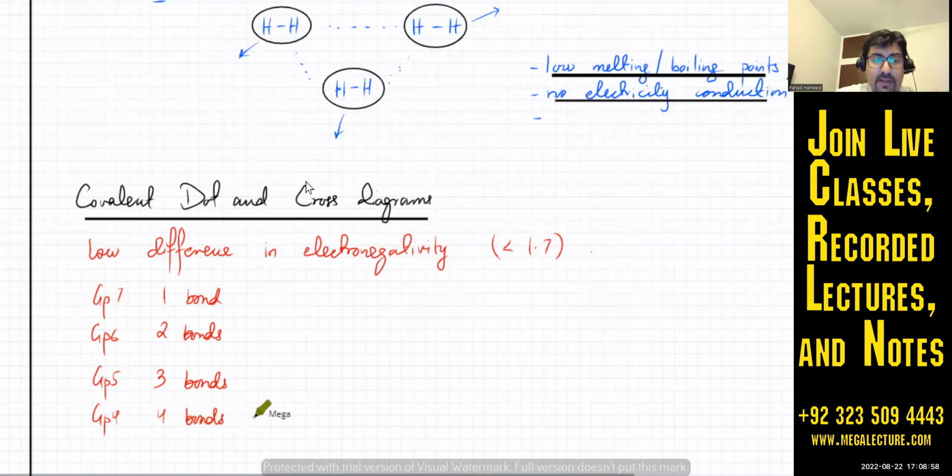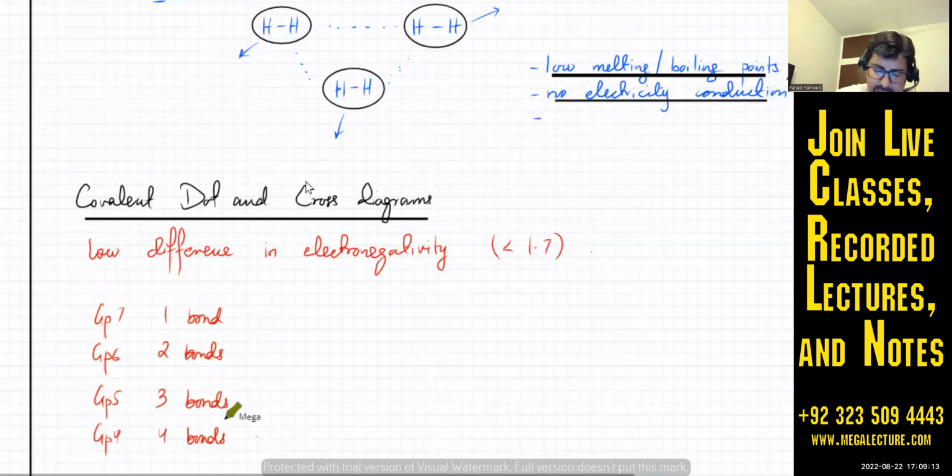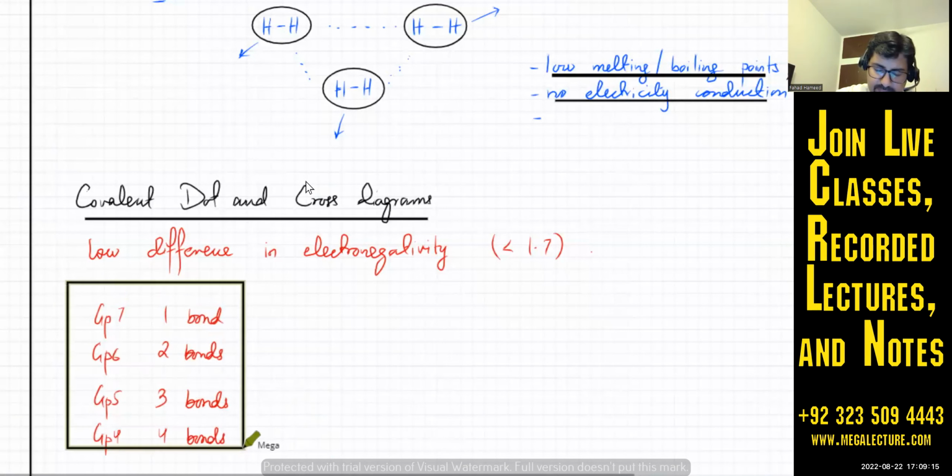But remember, I told you that covalent bonding is not limited to these. Any atom that's got a low difference in electronegativity is going to form covalent bonds.